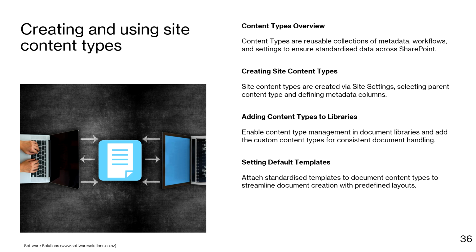Creating them at the admin level is best practice for enterprise-wide consistency. But you can also create them at a site level, and I would recommend that you use your favorite AI tool or search the internet for the steps to create content types, because there's quite a few steps involved.